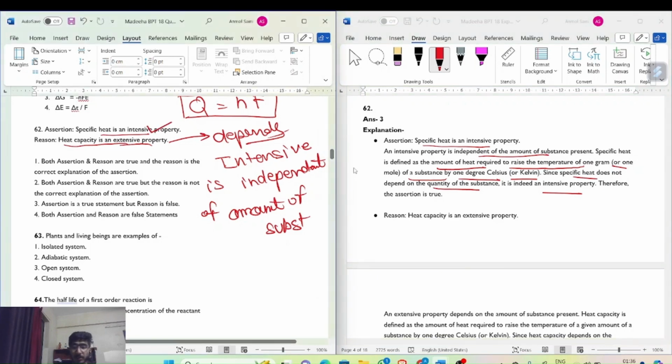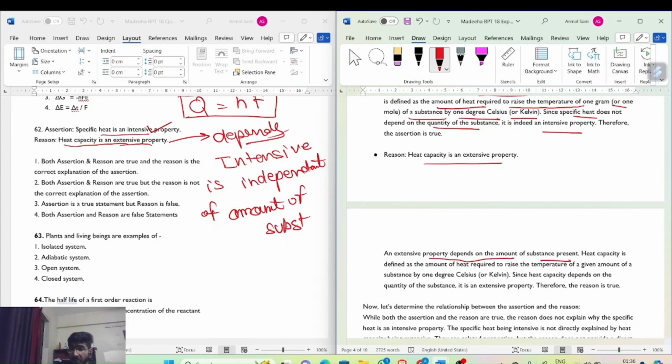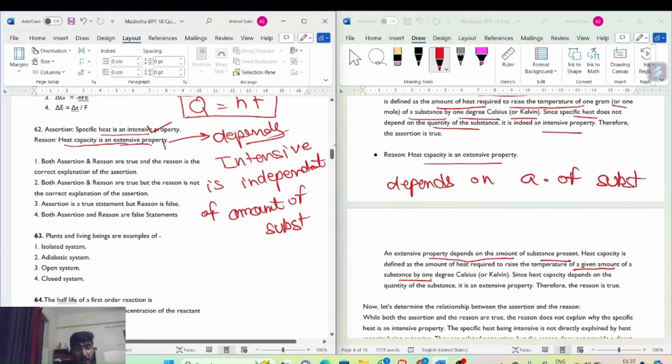And the reason is saying heat capacity is an extensive property. Yes, extensive property depends on the amount of substance present. Heat capacity is defined as the amount of heat required to raise temperature of a given amount of substance. So here it is dependent on the amount of substance, so it will be an extensive property.